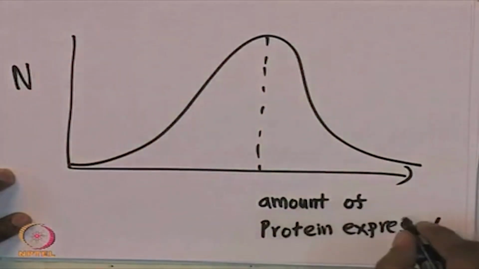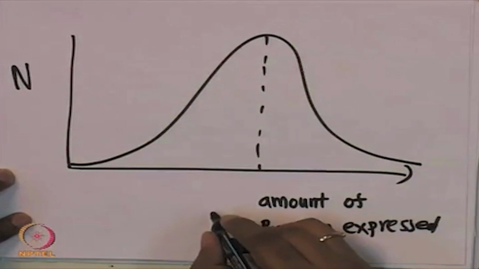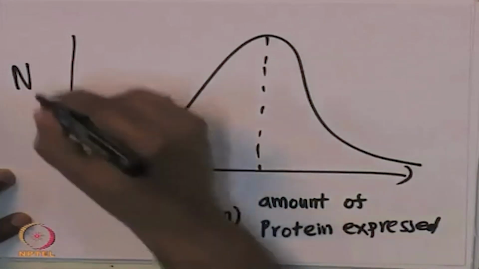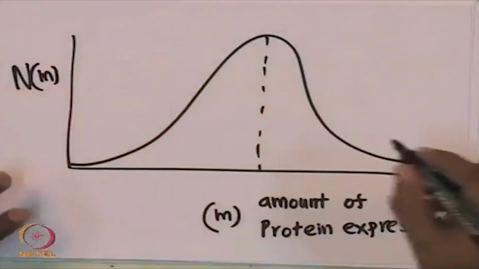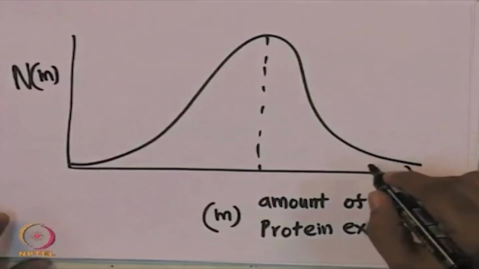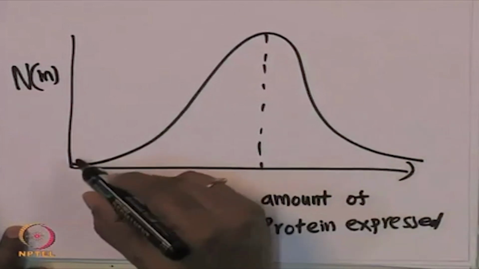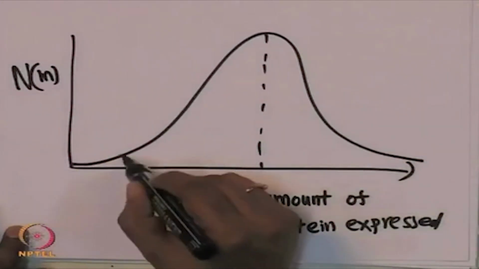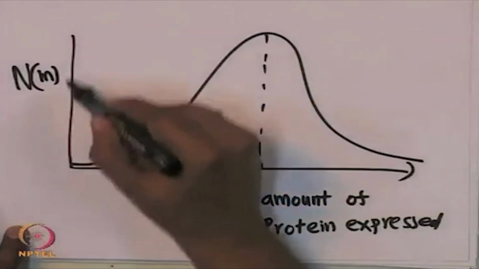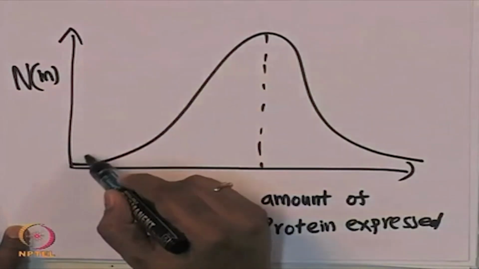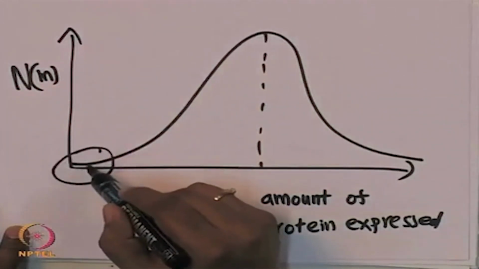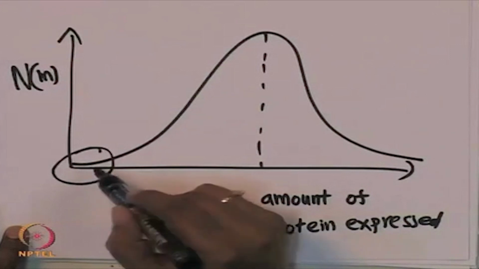Let me call the amount m, and this is n of m. So, how many cells expressed very little of this gene? Very few cells, the number is very small, very few cells have a very small amount.